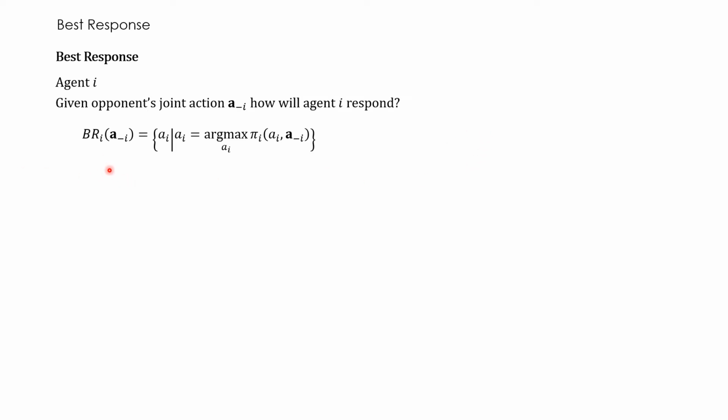So the best response of agent i to the opponent's joint action a negative i is this set here, the set of all actions that would yield the maximum payoff for that agent. So it's the set of actions a_i such that a_i equals argmax with respect to all of agent i's actions of pi_i(a_i, a negative i).